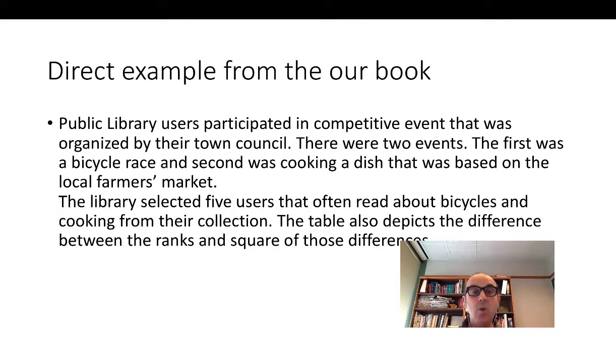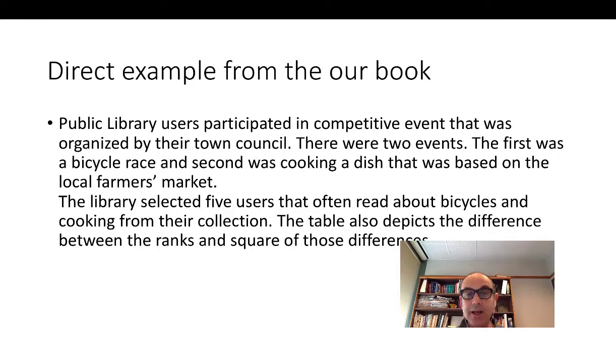There are two events. One is a bicycle race, and the second is cooking a dish that's based on local farmers' vegetables. So the library selected 5 users who often read about bicycling and cooking from their book collection.